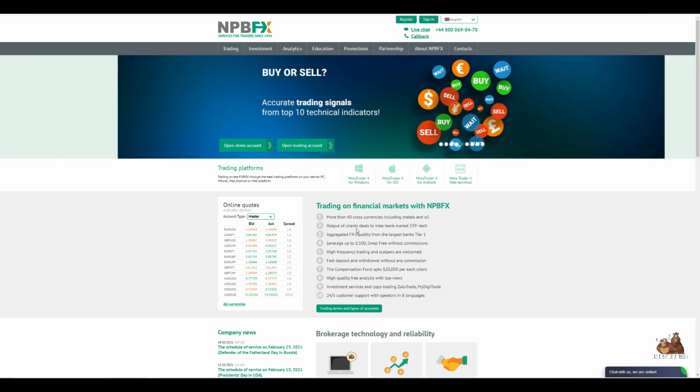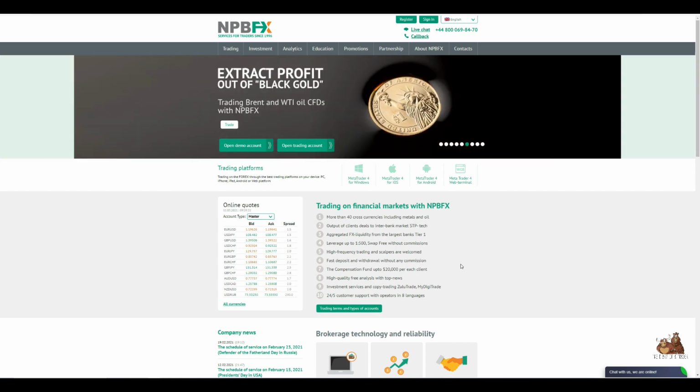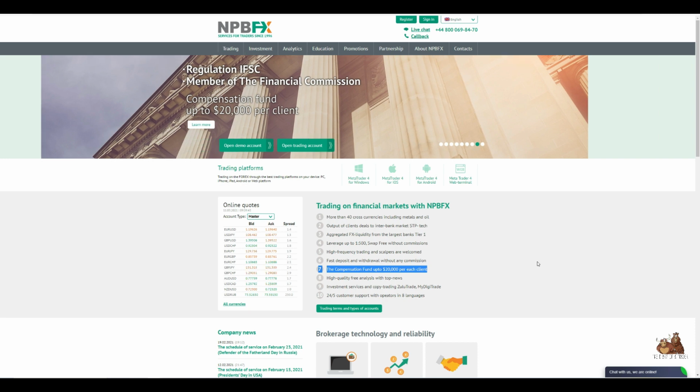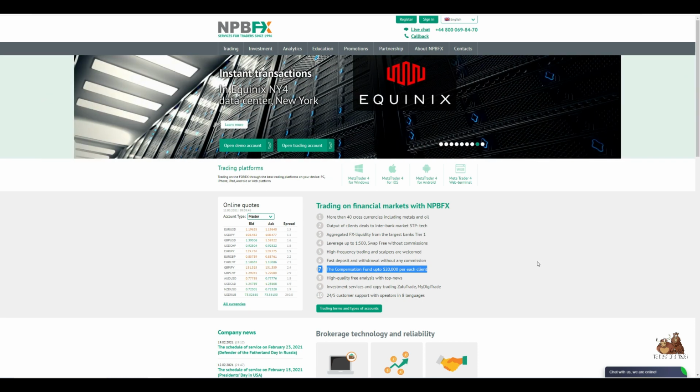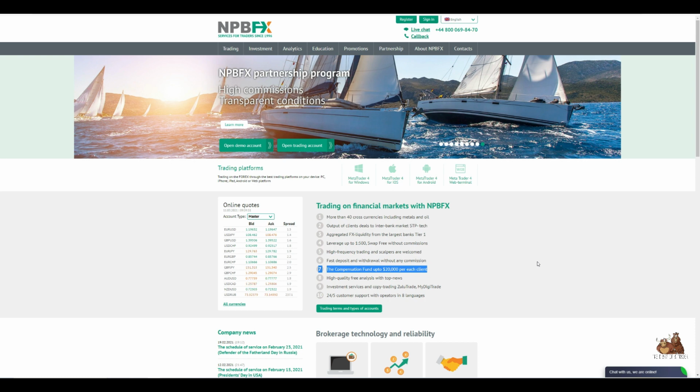But there's one thing on this top 10 things that I would not list, but still the broker is listing, namely number 7, the compensation fund, up to 20,000 per each client. It sounds like this broker is not regulated, because a regulated broker does not go through a compensation scheme.